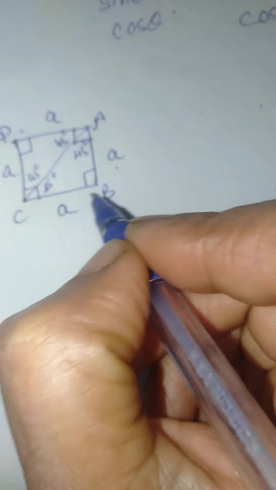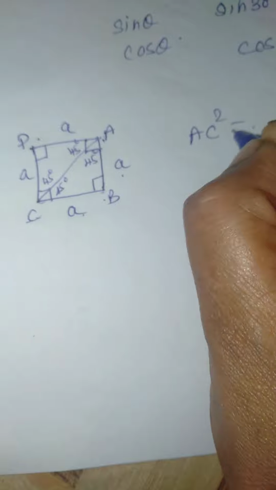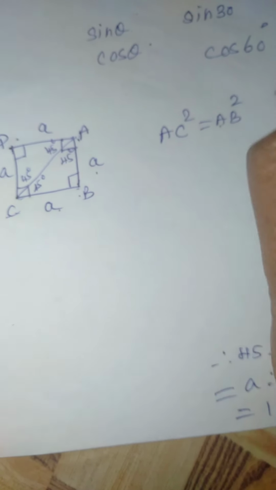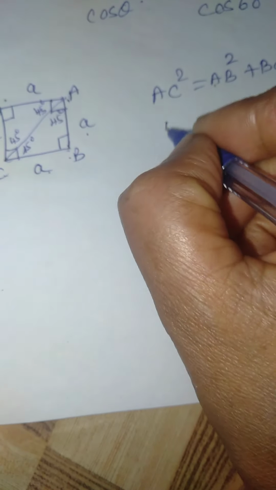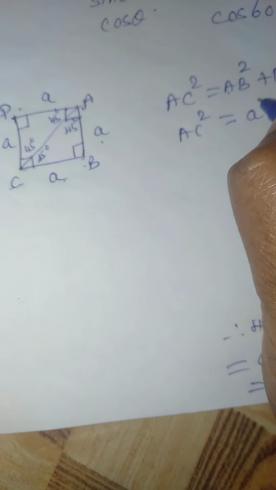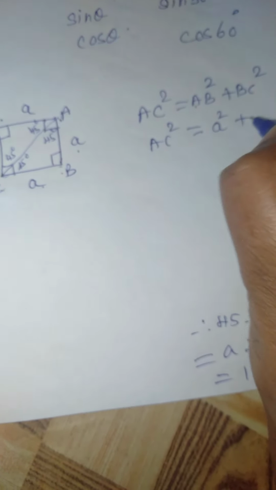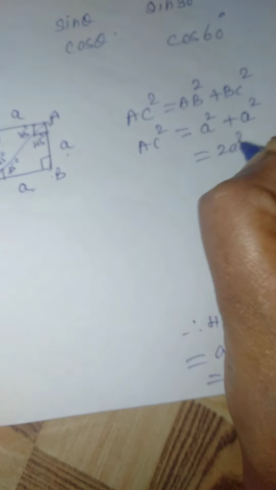So AB is a and BC is also side a. In this triangle ABC, AC is not known. That we can find out using the Pythagoras theorem. AC square is equal to AB square plus BC square. AB is a, BC is also a, so a square plus a square, which is equal to 2a square.